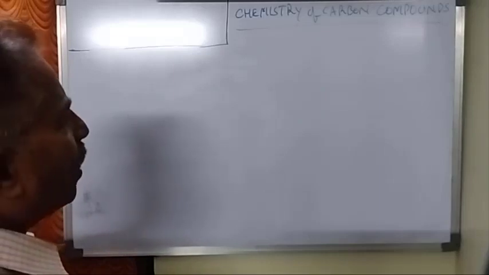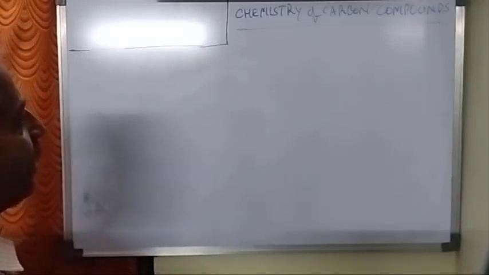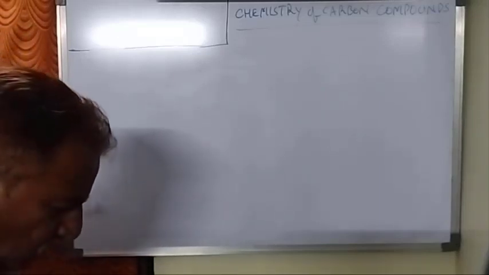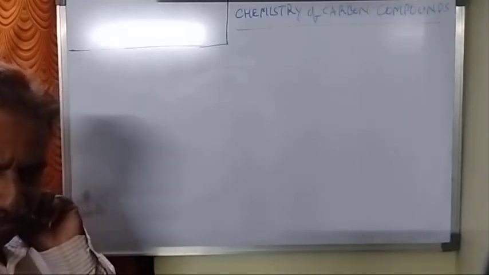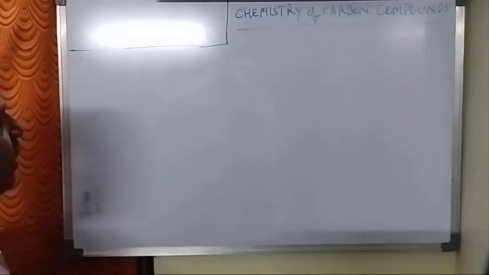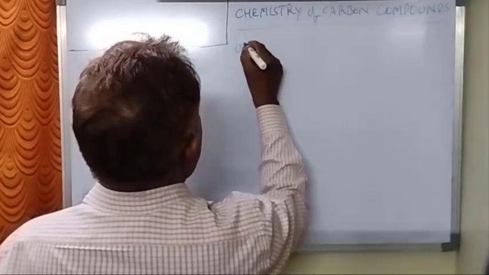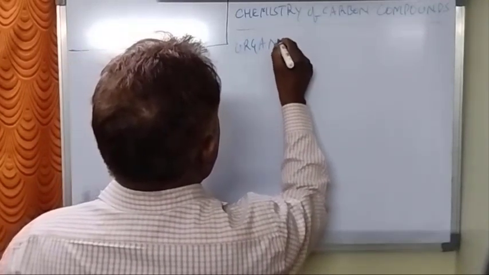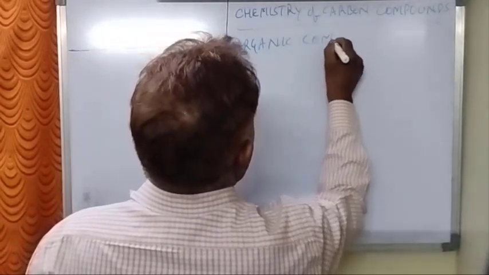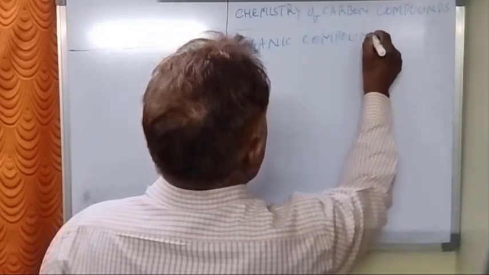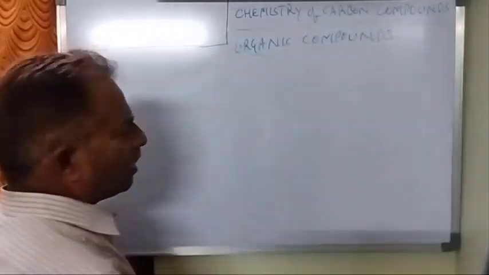Chemistry of carbon compounds. See, previously some 250 years back, the compounds formed by carbon, they are referred as organic compounds. Why they are referred as organic compounds?